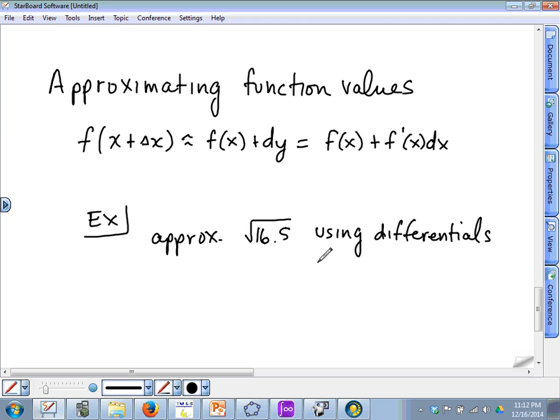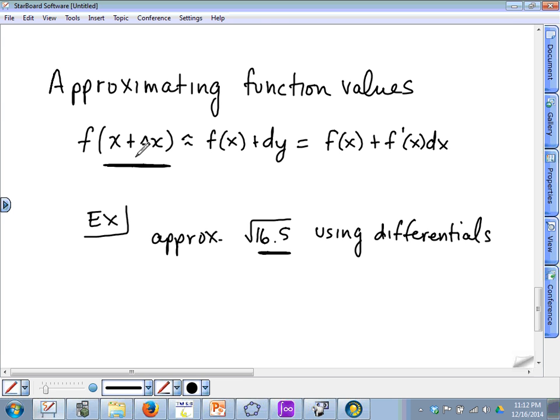So the key here to using differentials is to choose delta x values that make your calculations easier. So if you look at the 16.5, taking the square root of that by hand can be pretty tricky. But if it was just the square root of 16, that by hand is really easy. Square root of 16 is 4. So if we want to split this value into something like this, then we would say x is 16 and delta x is 0.5.